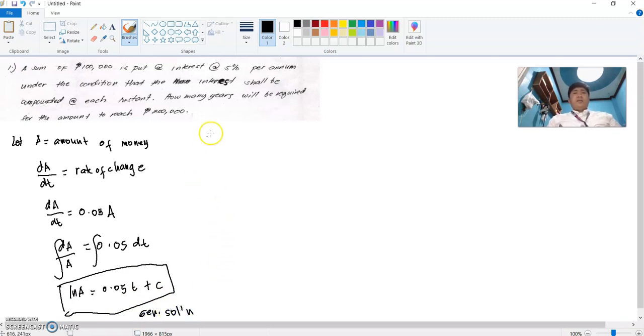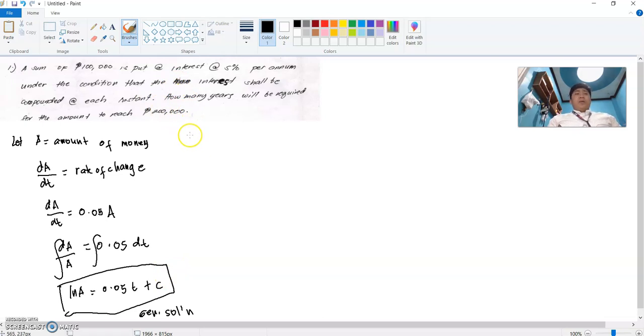Since we already have the general solution, we already have the formula with respect to these conditions, because what we are doing right now is making a formula depending on the scenario that happens.